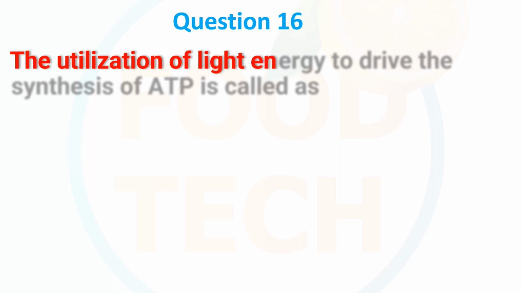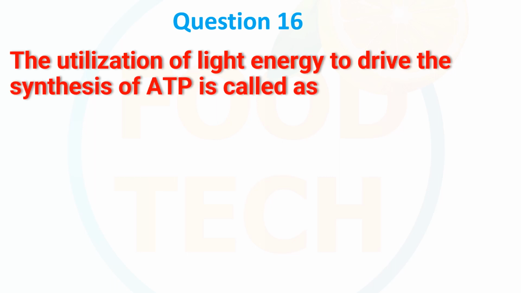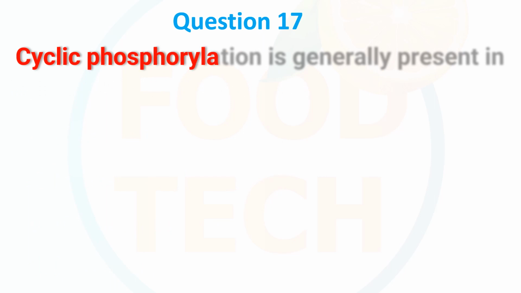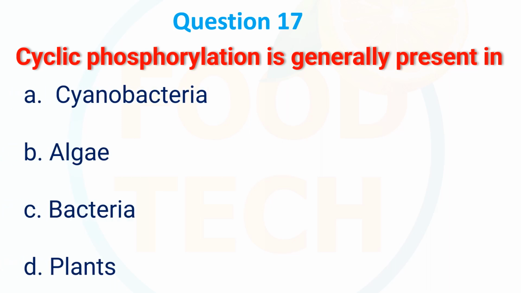The utilization of light energy to drive the synthesis of ATP is called A. Photolysis, B. Photophosphorylation, C. Photosynthesis, D. Respiration. The answer is B. Photophosphorylation. Cyclic phosphorylation is generally present in A. cyanobacteria, B. algae, C. bacteria, D. plants.